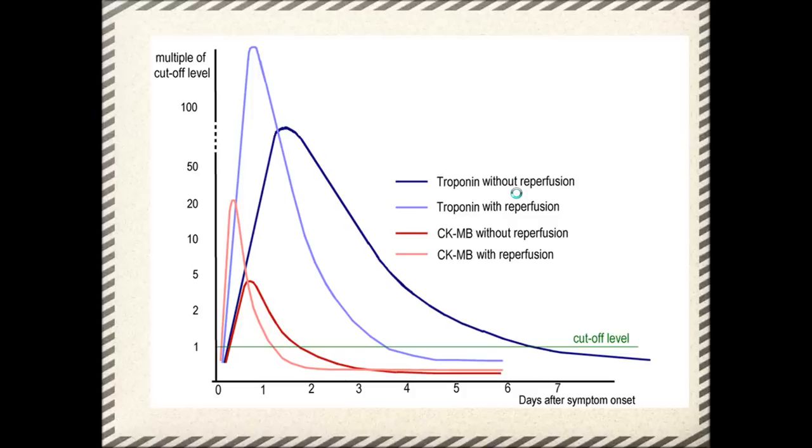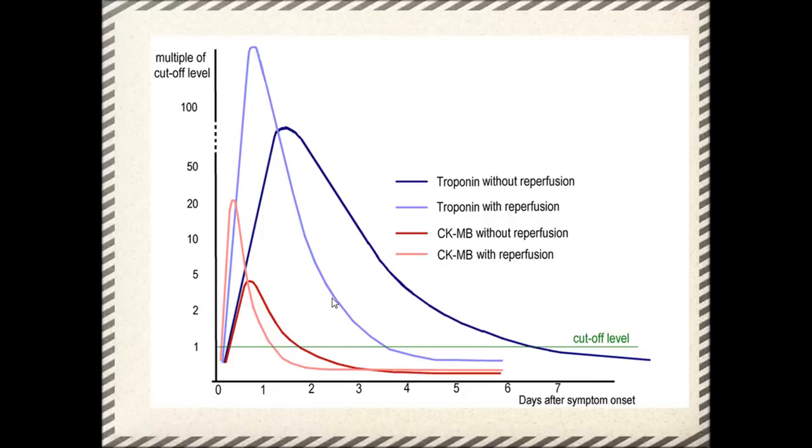Your CKMB peaks earlier than your troponin, and generally this is the reason why we do serial levels, like every 8 hours or every 10 hours, or at least 8 to 12 hours after onset of chest pain, because as you can see, the troponin peaks after a few hours and plateaus later on, after 48 hours or so. So it's important to always do serial levels of these enzymes.